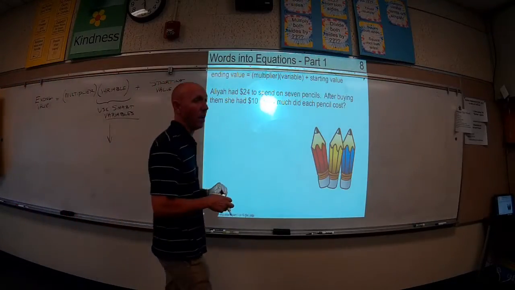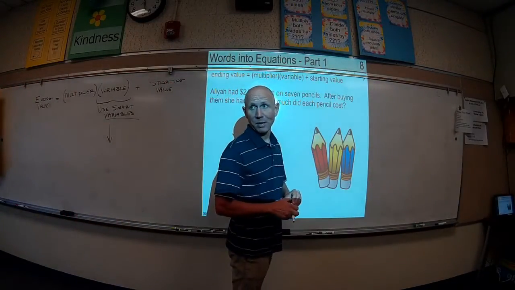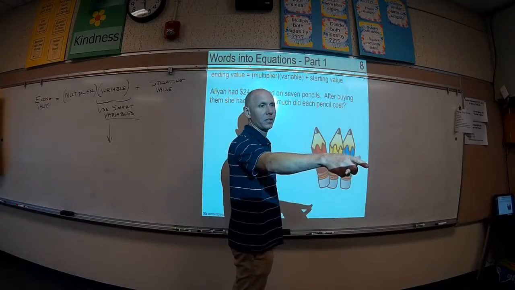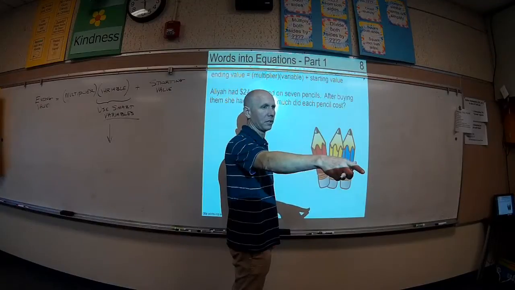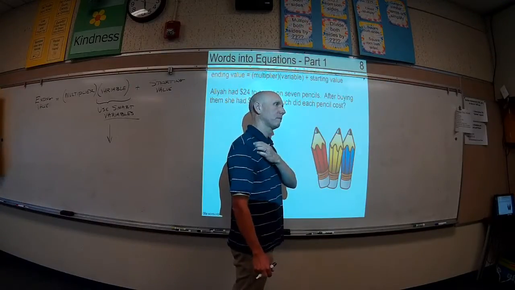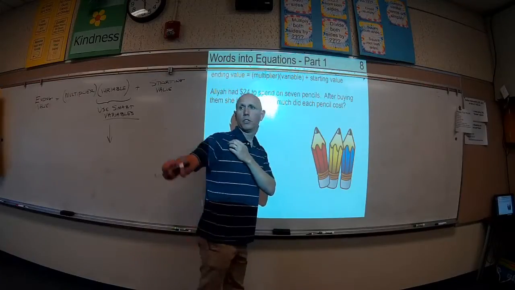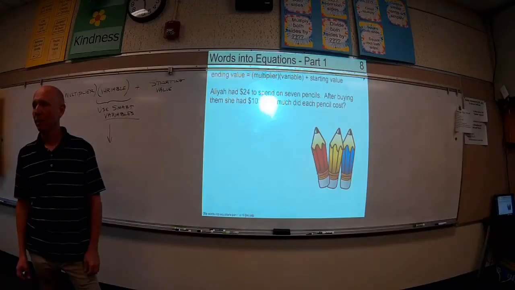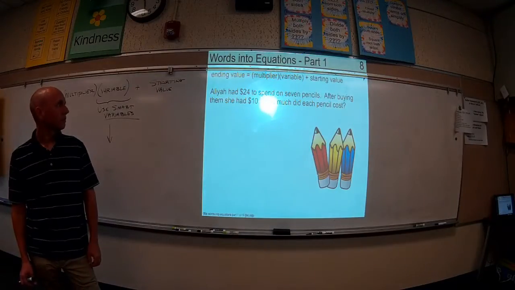So you guys want to go with M for money. Anybody want to choose a different variable? And what would you use? C. For cost. C, cost? Cost of? Oh, each pencil. Okay, what would you use? Can you use like the dollar sign? You could use the dollar symbol. What would you use, JJ? I would use P for the number of pencils. Am I trying to find the number of pencils?